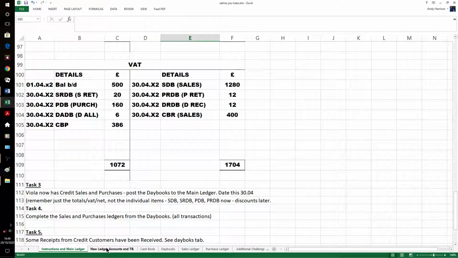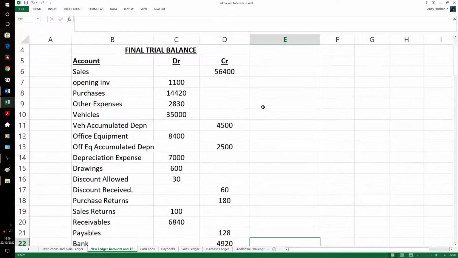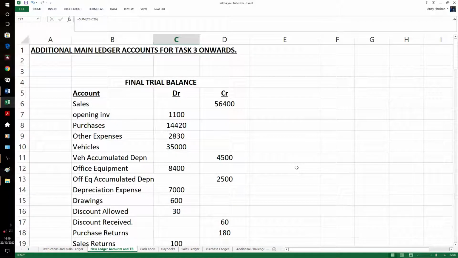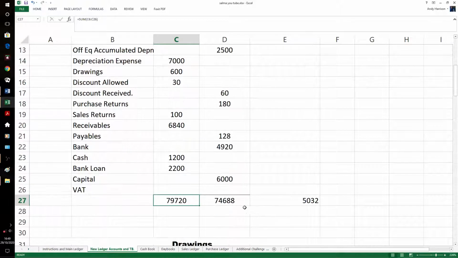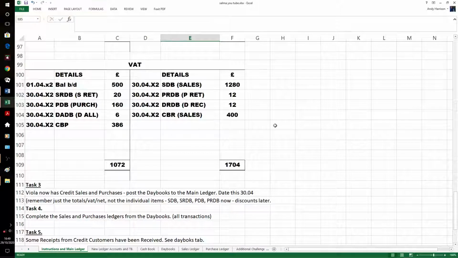Hang on. New ledger account. How much is it different? What have I missed out? I'll have a look at it in a minute. So VAT then from our VAT account needs balancing off.